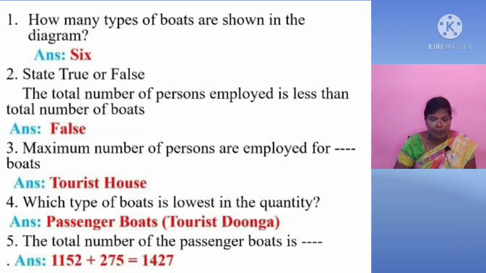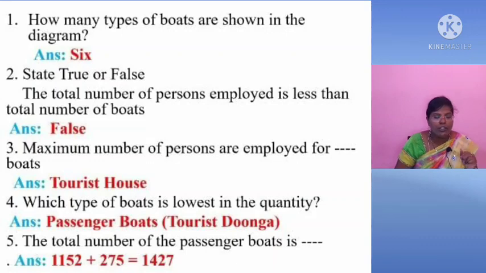Which type of boats is lowest in quantity? The lowest quantity and also number employed is passenger boats. You have to write the answer as tourist donga in the bracket, because there are 2 types of passenger boats.